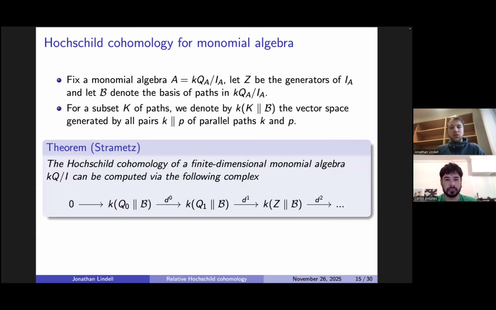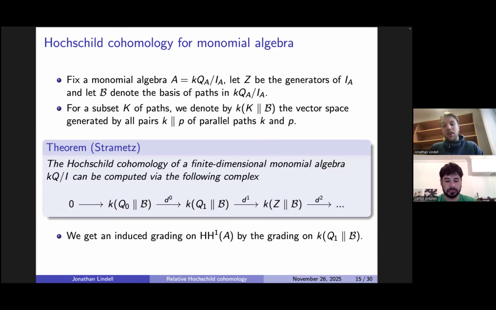And then it was shown by Strametz that the Hochschild cohomology of a finite dimensional monomial algebra can be computed via the following complex. So the first part is all the paths in B that are parallel to idempotents, then to arrows, and then to generators or relations.